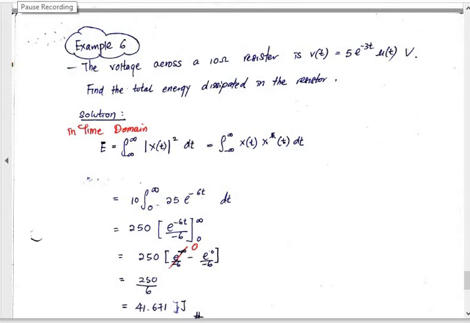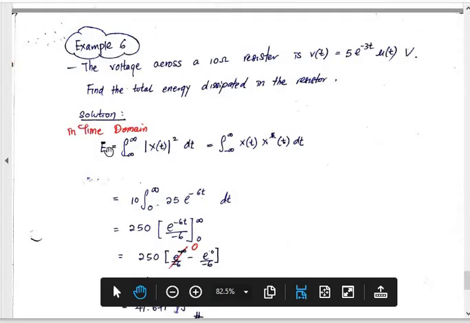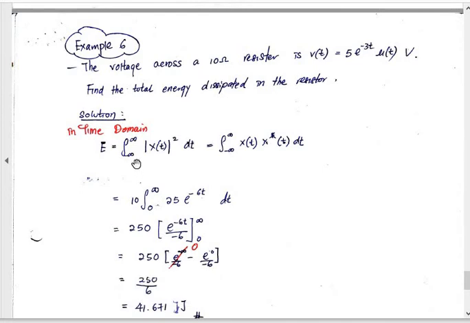Do you still remember the formula? I show you again. So energy is equal to the integration from minus infinity to infinity of x of t squared dt, or x of t times x conjugate of t dt.